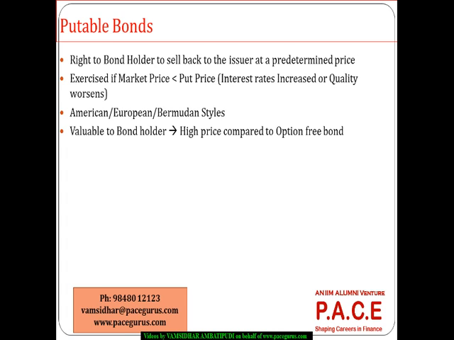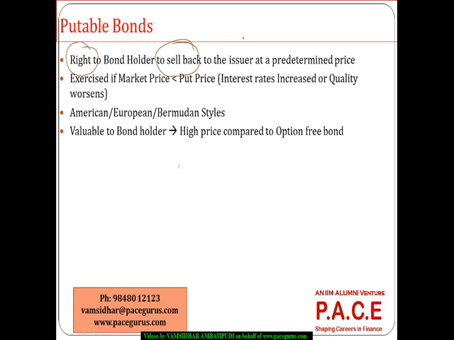Similarly, I can look at the puttable bonds again on the same lines as the callable bond. But this time the option is with respect to the bond holder rather than the issuer. So the bond holder will have the right. It's not the issuer who is having the right. The bond holder will have the right to sell back the bond.